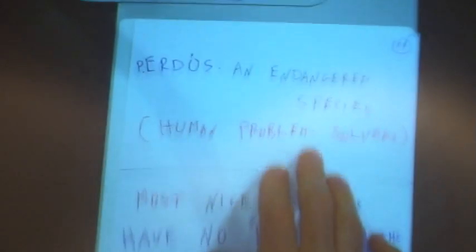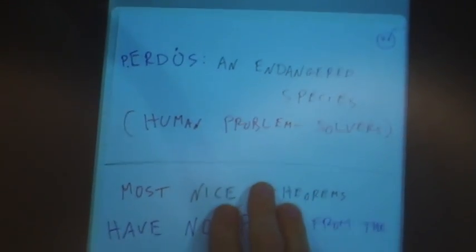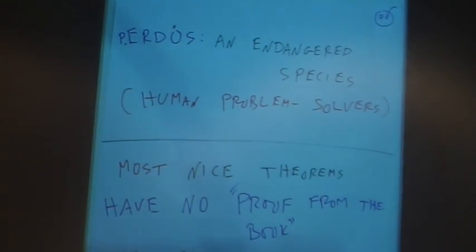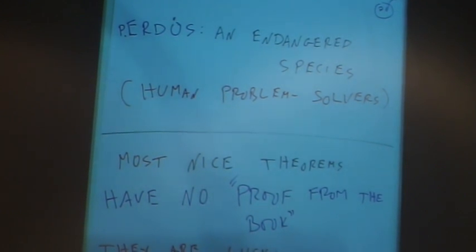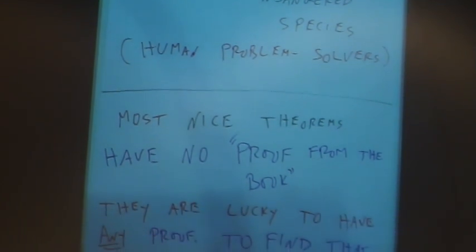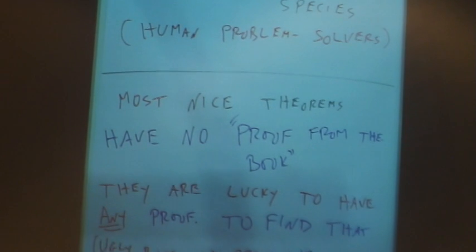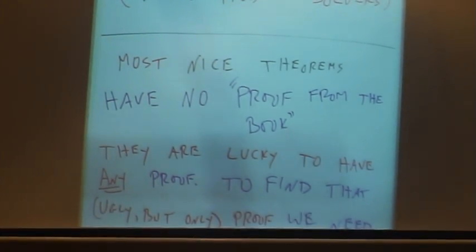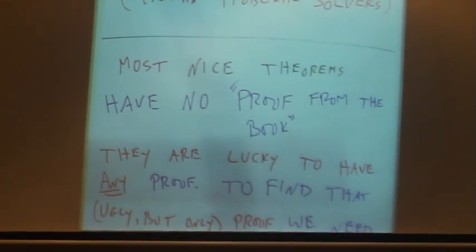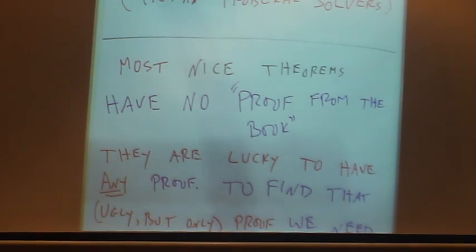So then we conclude with a rather pessimistic note. Paul Erdos is really an endangered species. He was a human problem solver, and he was a great optimist. He famously believed that every nice statement has a so-called proof from the book.